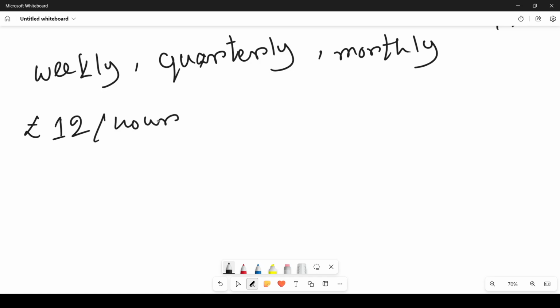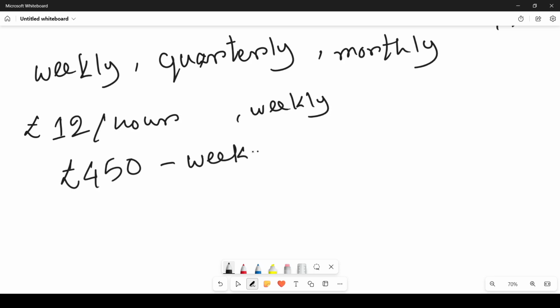And maybe you receive your salary weekly. So in 1 week you have earned £450, maybe you have worked 37.5 hours, the basic full-time hours, and then you have earned £450. So this £450 you have earned in 1 week.